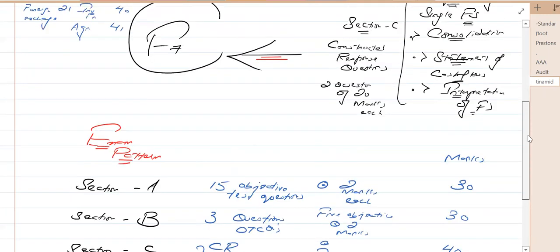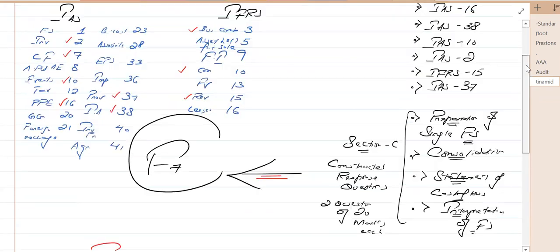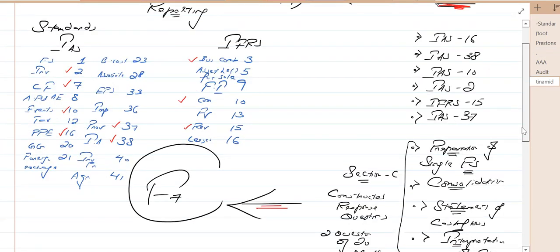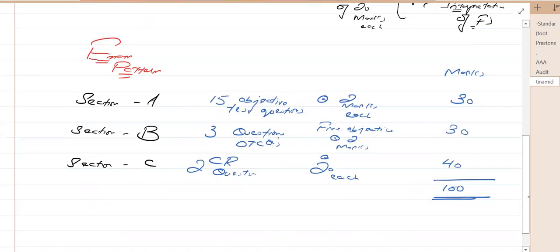Now you see that the examiner has the complete opportunity to test each and every topic, each and every standard almost, because they have 15 objective test questions. For example, if they're giving one question from each standard, let's assume, but that is not the case. Sometimes you get 3 to 5 objective test questions from consolidation, and then a long question on consolidation as well.